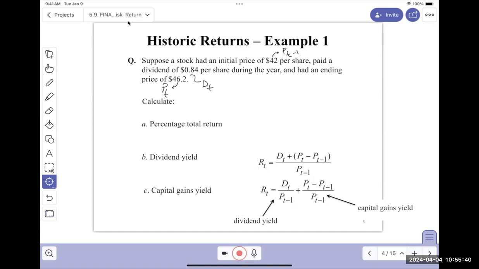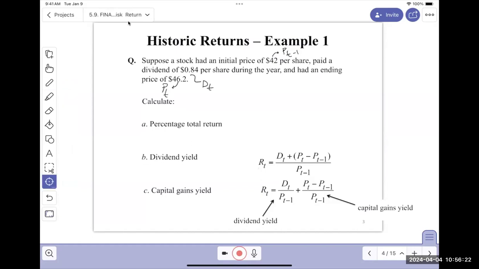I got 12%. That's right. Everyone else? Okay, so I'm not putting years or periods.